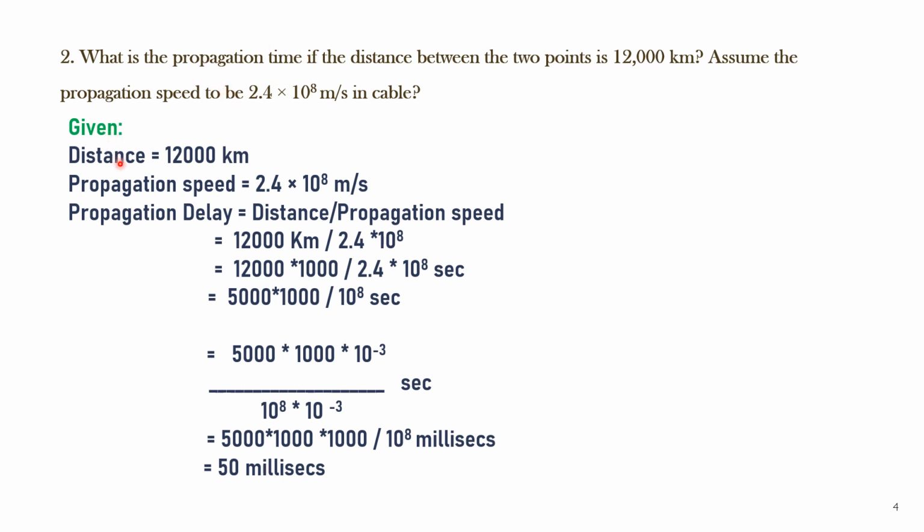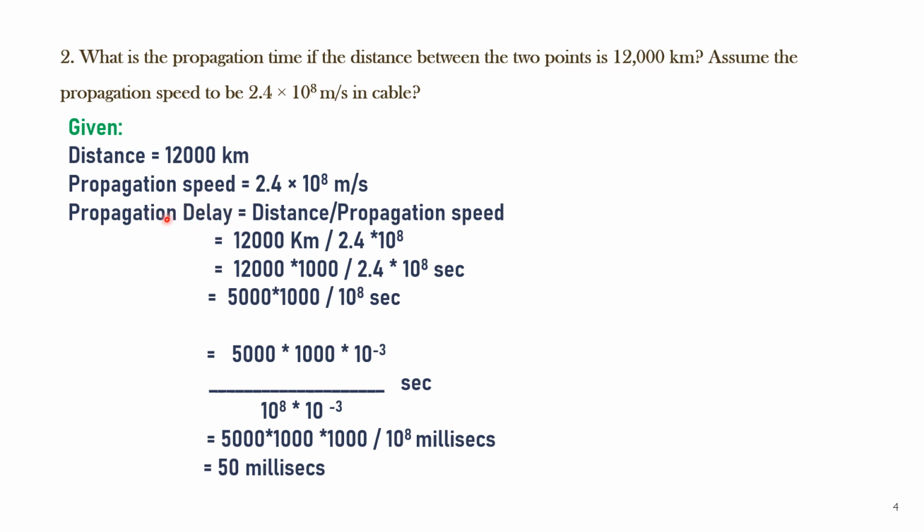These are the given data: the distance between the two endpoints is 12,000 km and the propagation speed is 2.4 into 10 to the power of 8 meters per second. Here we have to calculate the propagation time or the propagation delay.